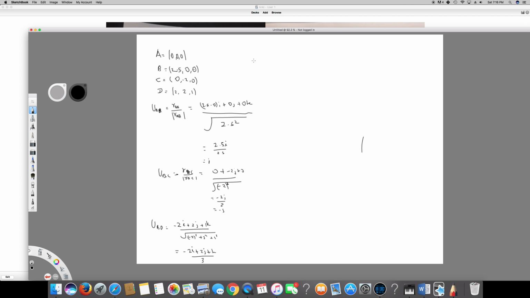Now I'm going to separate this one. It's going to be like this. So FAB is going to be UAB.